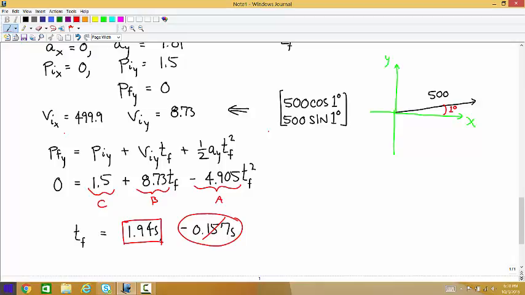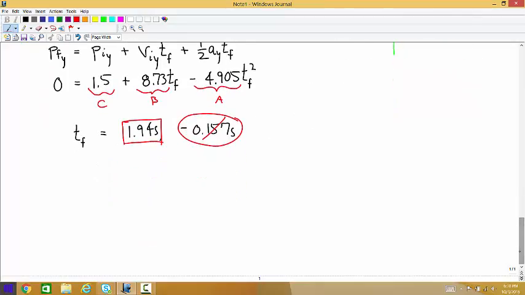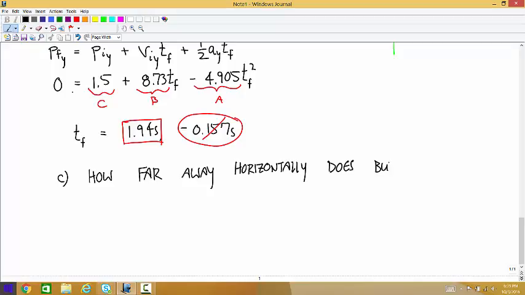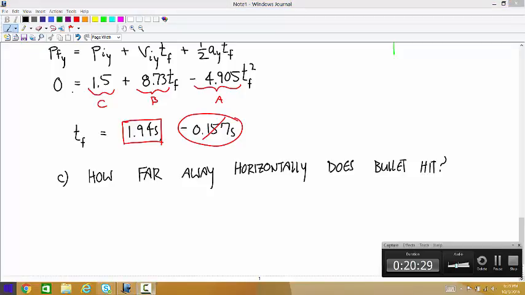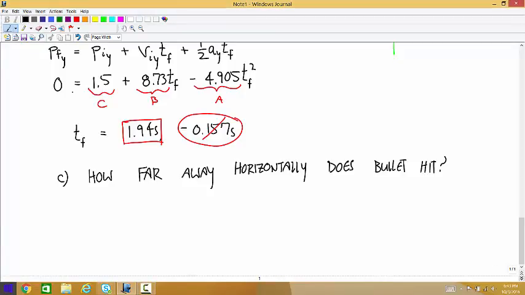Okay, one more part of this. So part C, how far away horizontally does the bullet hit? So for this one, those four things, we can keep those the same.